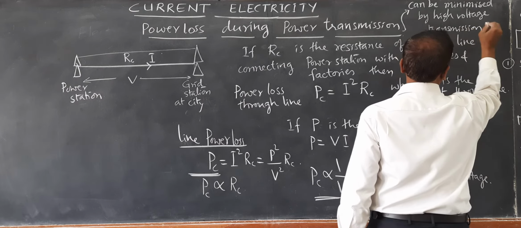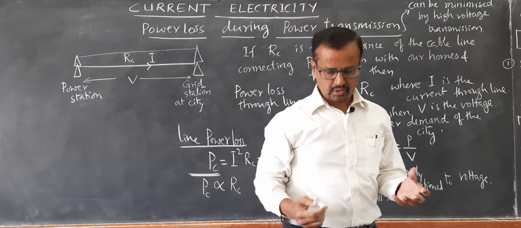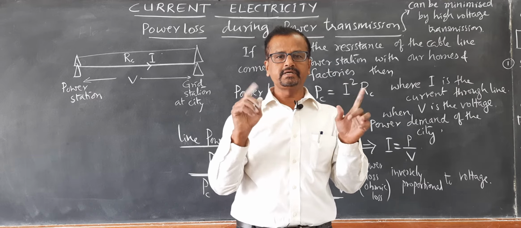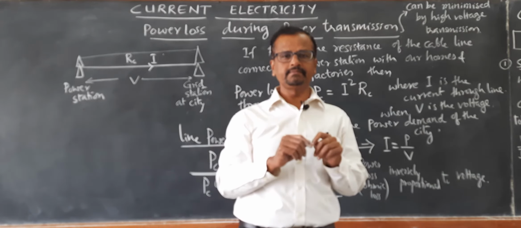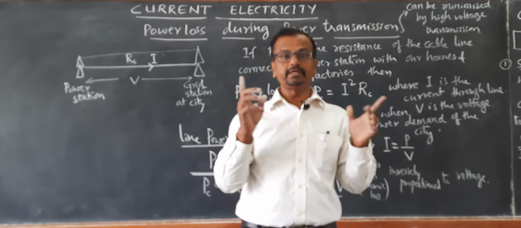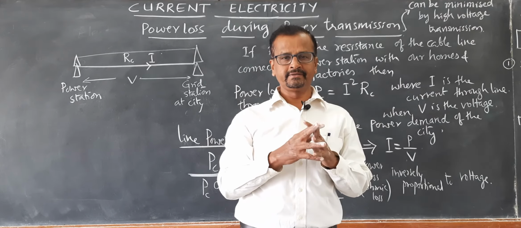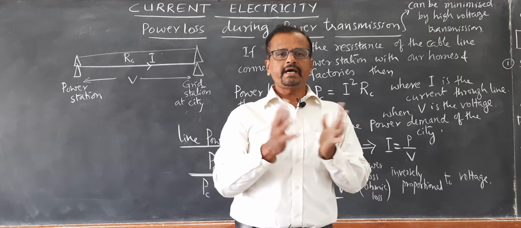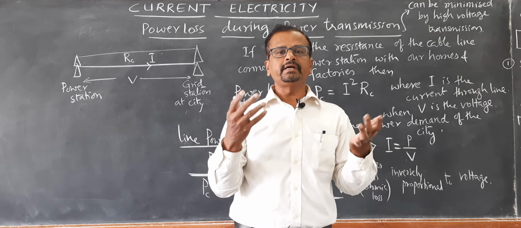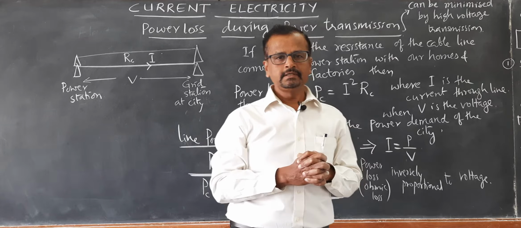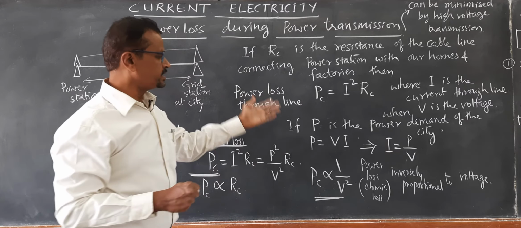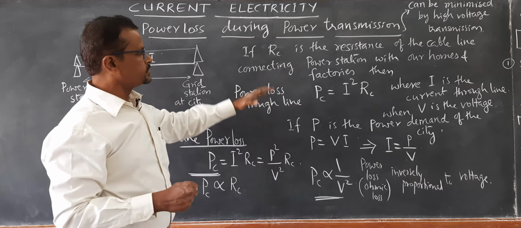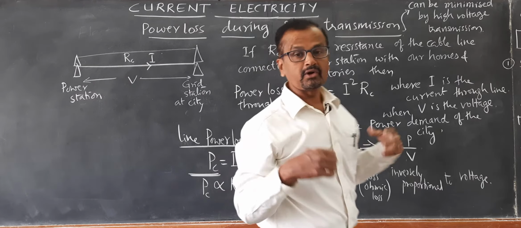So you must have seen, away from the cities, when you go out, danger boards written in red color, high voltage danger, high voltage power line. It means the power that is transmitted through those lines will be of the order of 40,000, 80,000 volts, right? So this is the advantage of transmitting the power at high voltage, so that current is reduced and the power loss is minimized.